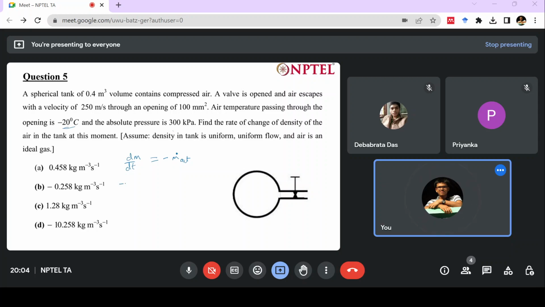Correct. So this is rho into volume of the tank. Whereas this is rho, but since it is asked to find out the change in air density at this particular moment, we can assume it to be the initial density.